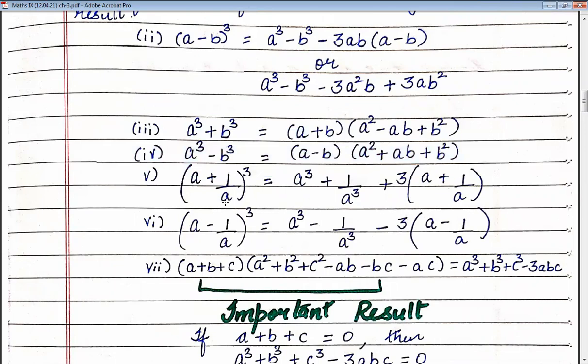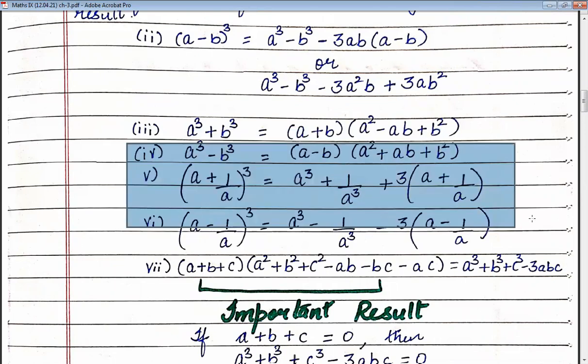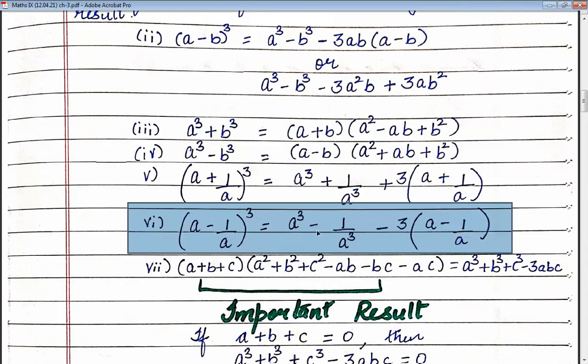Now the fifth one is (a plus 1 upon a) whole cube. Here you can write directly a cube plus 1 upon a cube plus 3 times (a plus 1 upon a). Next one is (a minus 1 upon a) whole cube. This you can write as a cube minus 1 upon a cube minus 3 times (a minus 1 upon a).